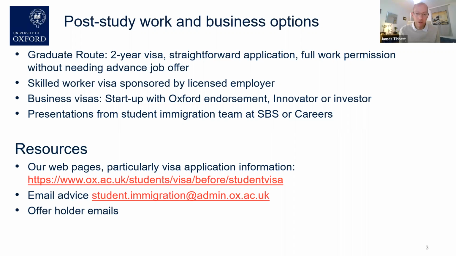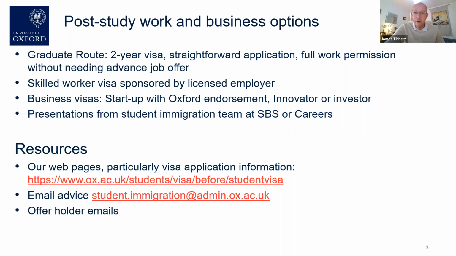A couple of questions about the graduate route. So we could just talk about the timing for that. As we mentioned, your course end date will be the end of September. Because your course is 12 months or longer, you get 4 months added to that for your visa expiry date. So your visa expiry would be the end of January 24. That's 4 months after your September 22 start date to September 23, plus 4 months, so the visa expires in January.